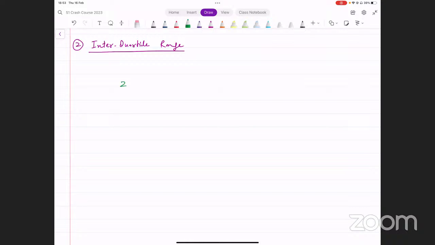Let's say we've got one data set that looks like this: 5, 11, 17, 20, 25, 30, 31, 40, and 52. I've got this data set.